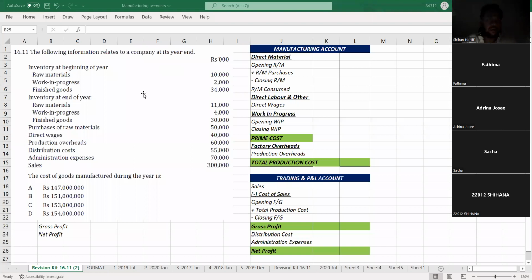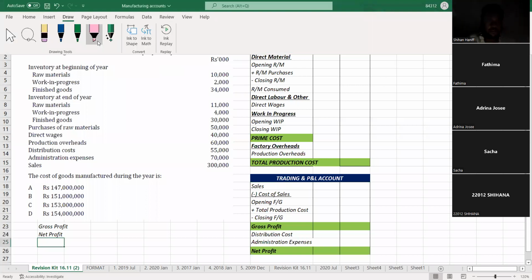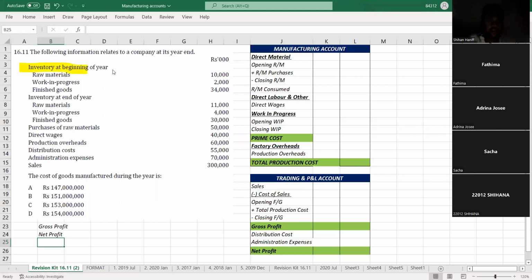Okay, good. I got some answers. Mostly correct, yeah. Inventories at the beginning, inventories at the end. So where do you record the raw material? Raw material beginning 10,000. I'll take it here.